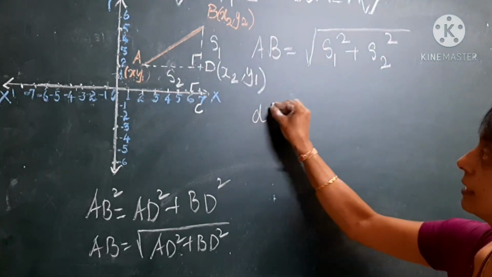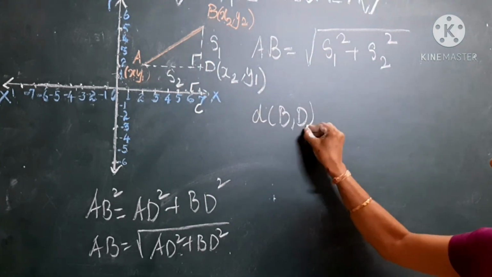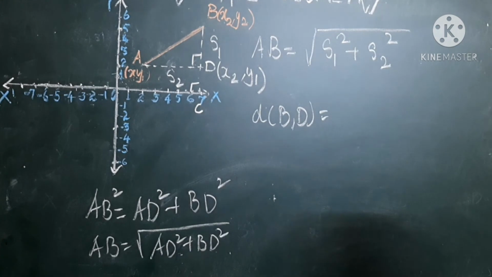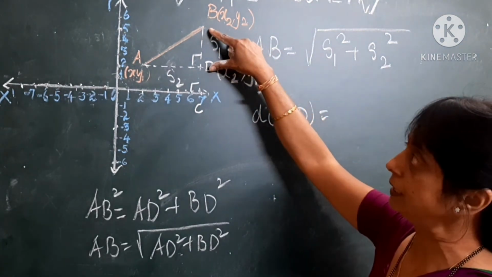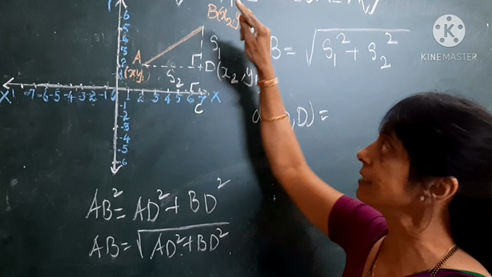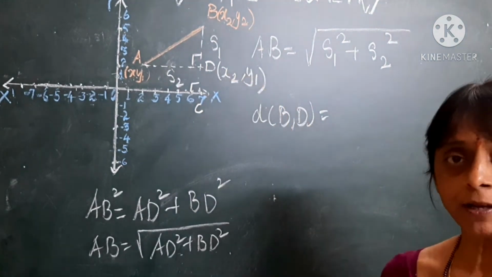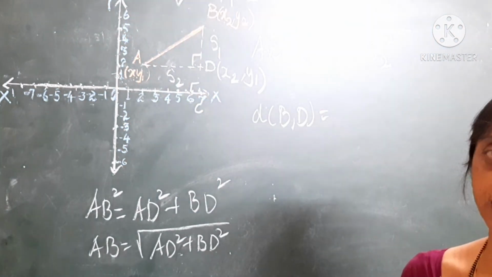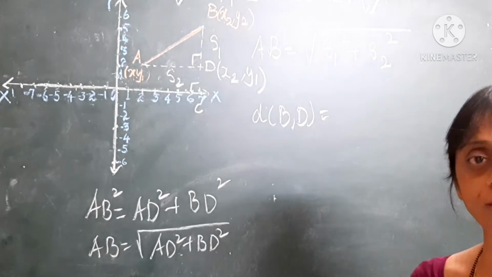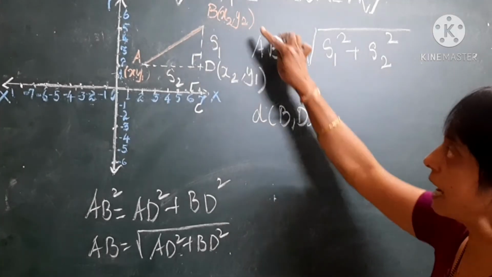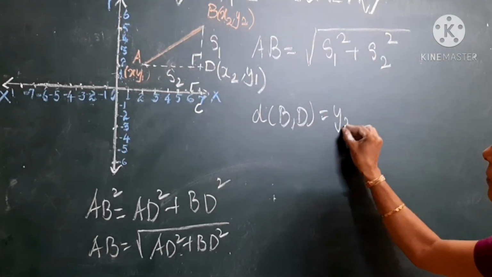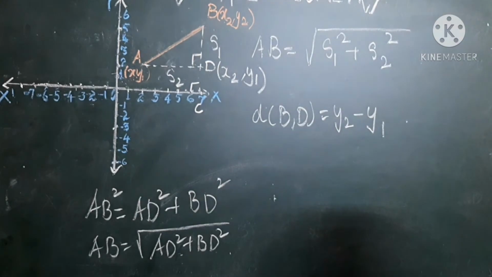First, distance BD. If we observe, BD is parallel to the y-axis, so the x-coordinate remains the same. So how do we get distance BD? Only by taking the difference of the y-coordinates. That will be y2 minus y1.